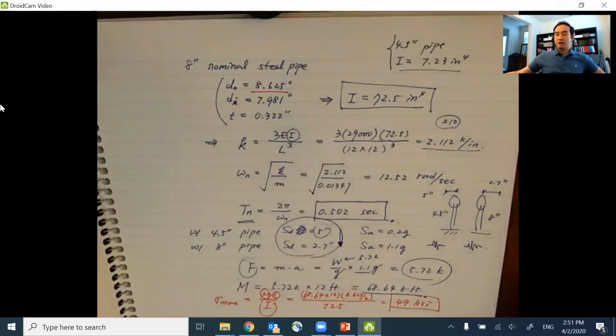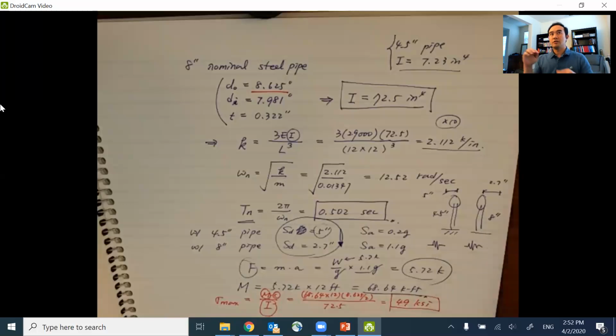So the conclusion here is that as a designer, you have to keep in mind, in earthquake engineering and the seismic design analysis steps, the changes in the period.